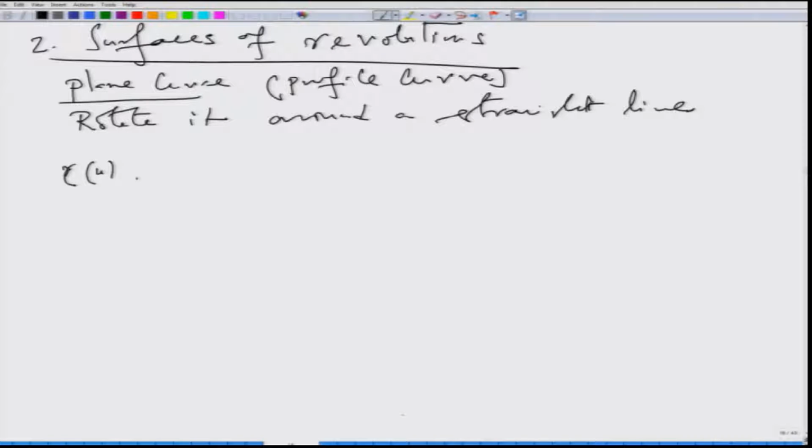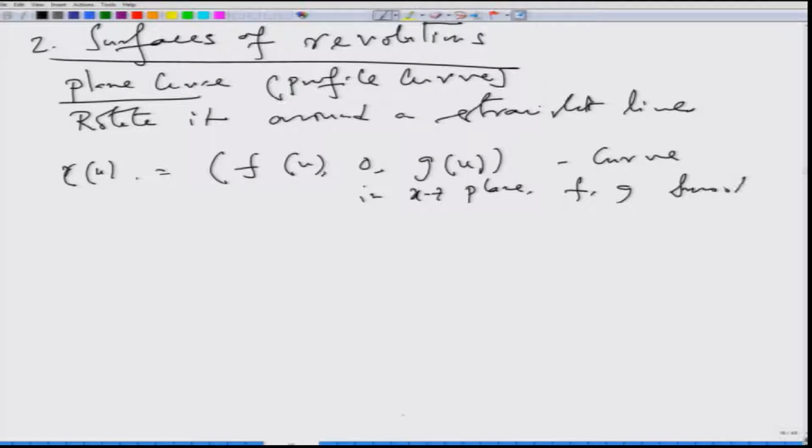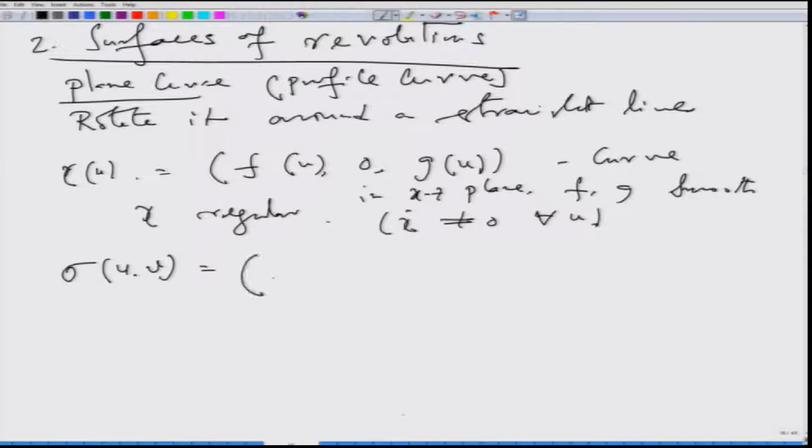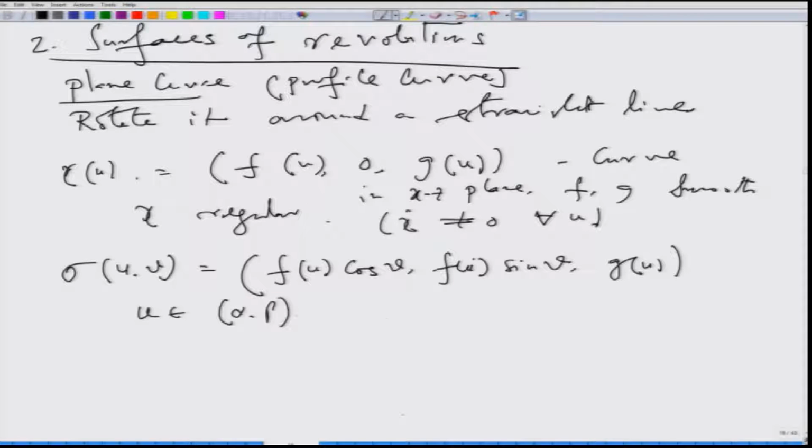So, gamma u is a curve f u, 0, g u, a curve in the xz plane, f and g smooth, gamma regular, that is gamma dot not equal to 0 for all u, and then the surface I am looking at is f u cos v, f u sin v, g u, with u belonging to alpha, beta and v in 0 to 2 pi.